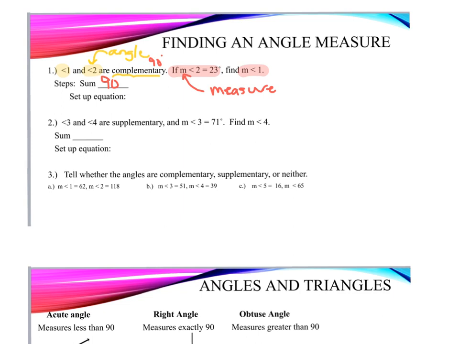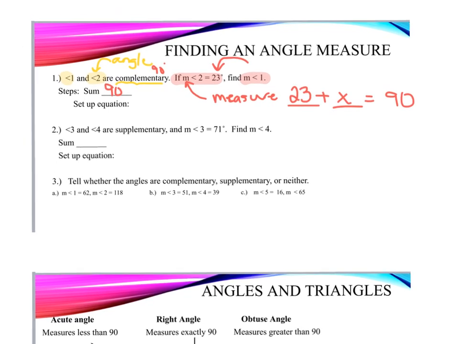So I know my two angles, when I add them together, I should get 90. One of them is 23. Perfect, 23. Second one, I don't know that yet. Let's designate that as x. So 23 plus something equals 90. Okay, we go off to the side, or in your head here, we're just going to fill in 90 minus the 23, and I'm getting 67. So the measure of angle 1 would be 67 degrees, and there's your answer.